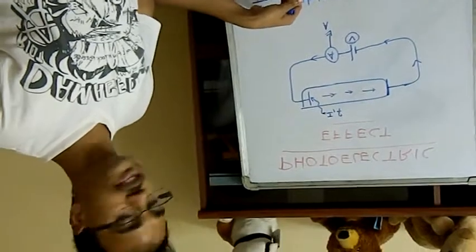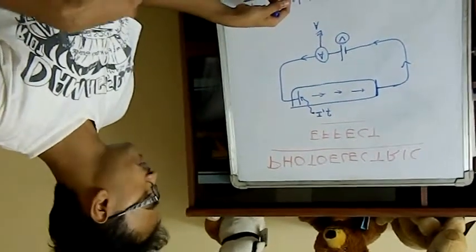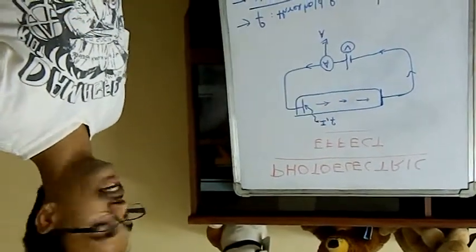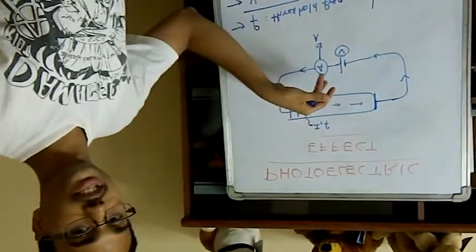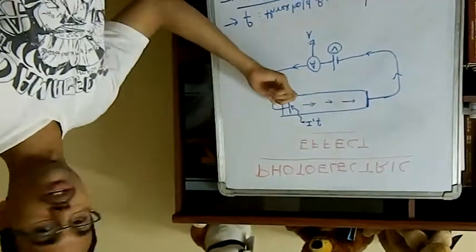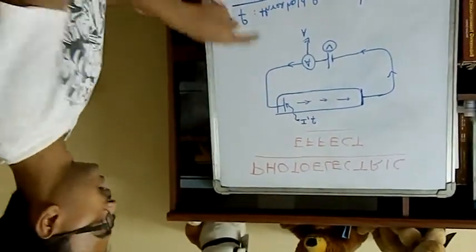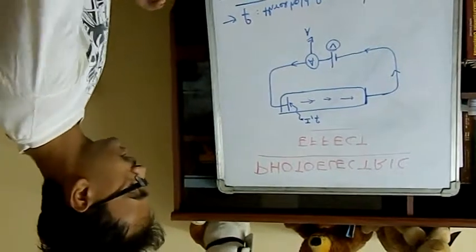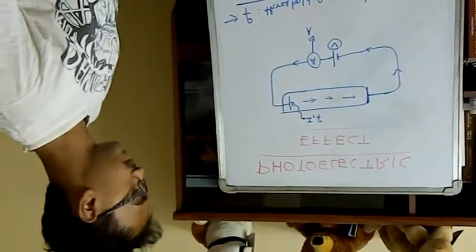Irrespective of what frequency you apply, if you have the radiation for sufficient time, the energy absorbed should be sufficient to release the electron from the metal plate. So according to the continuous radiation theory, there should exist no threshold frequency.